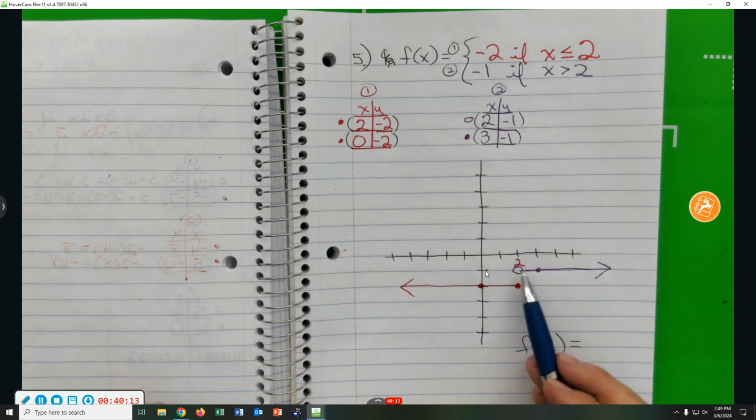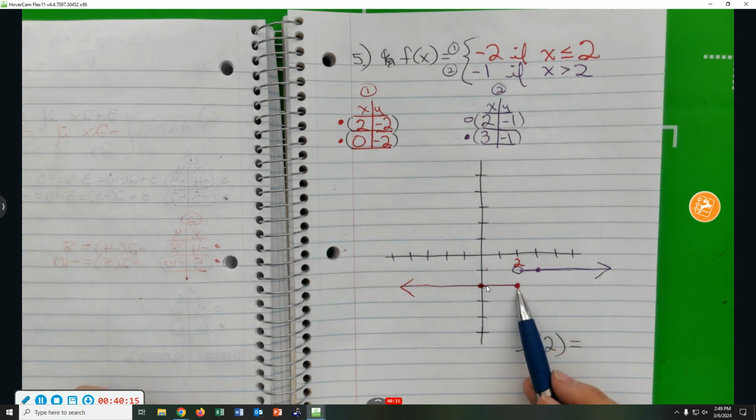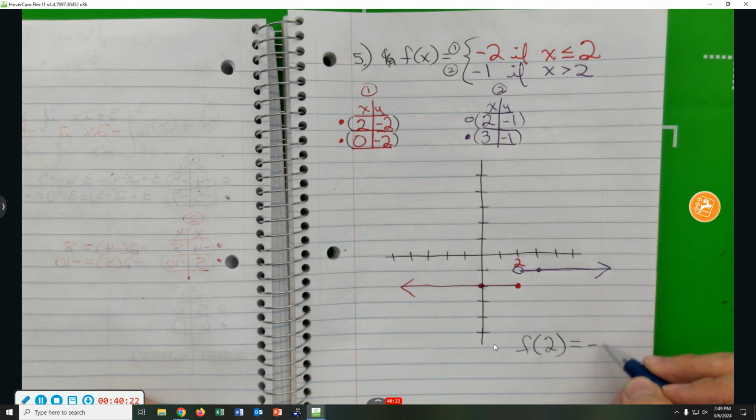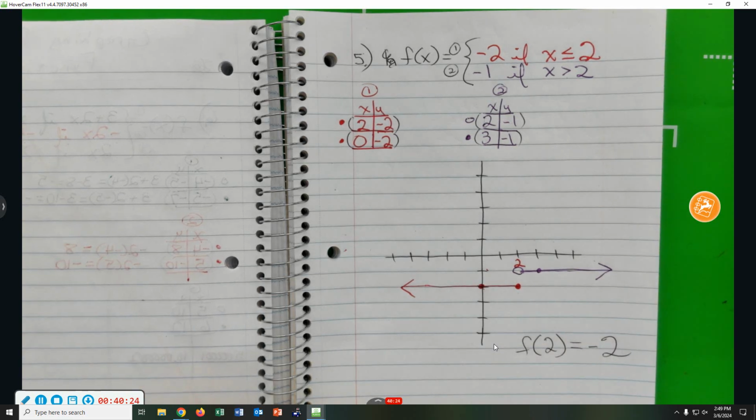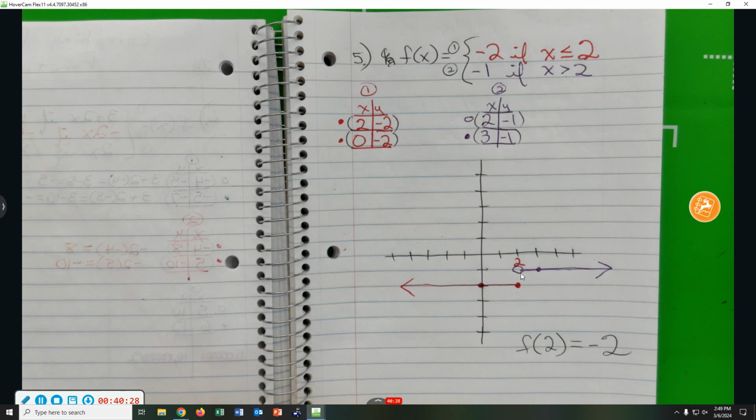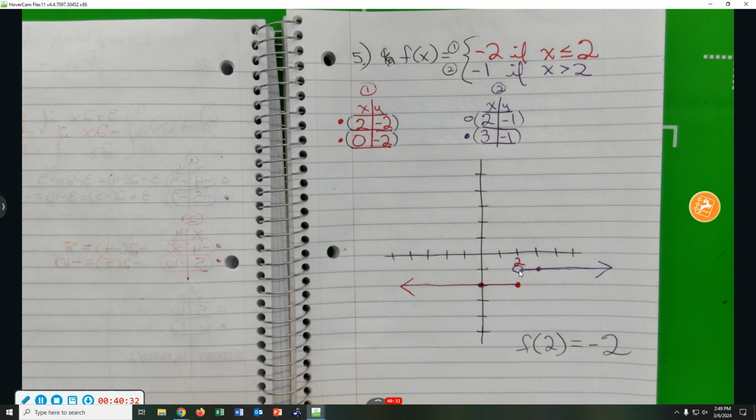Is it -1 or is -2 the answer? -2, right, that's the one with the little dot. Remember, closed dots mean include that point. Open means don't include this one. This little dot is really representing 2.00000001, comma, -1.